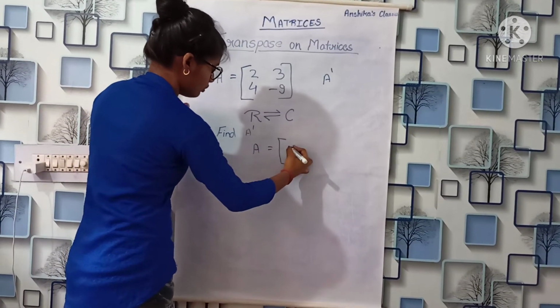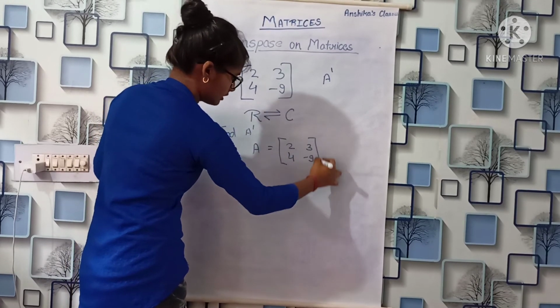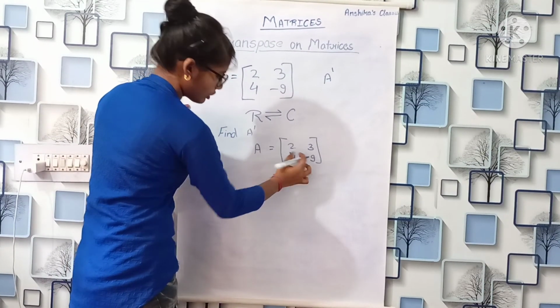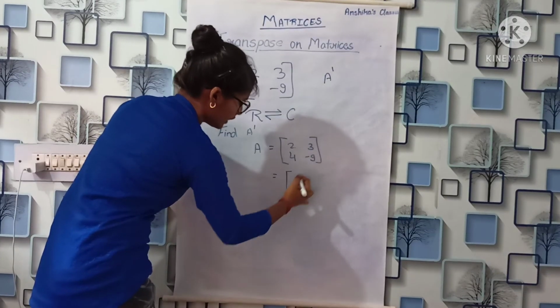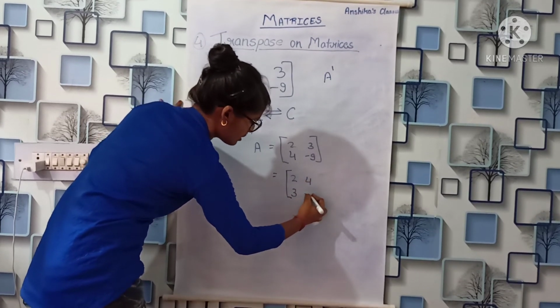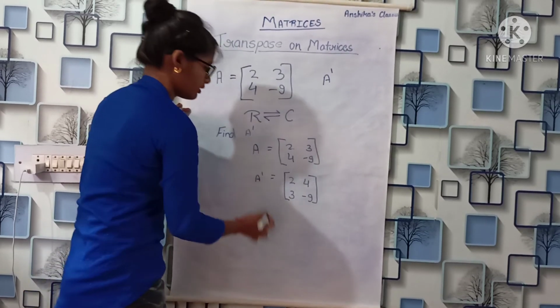A is equal to [2, 4; 3, minus 9]. Then this is a row and this is a column. So rows are converted into columns: [2, 3; 4, minus 9]. This is A dash.